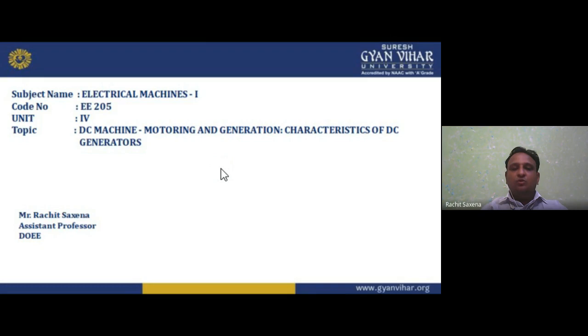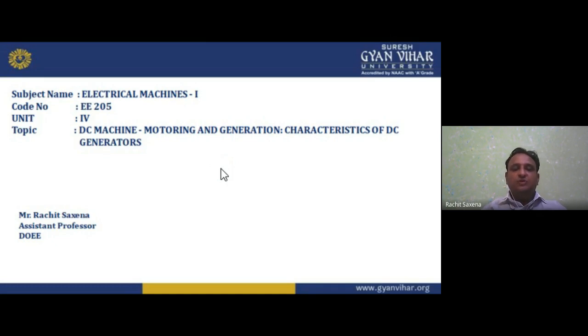So, today we are going to start the new topic, that is characteristics of DC generators. Before this, electrical machine 1 is the subject in which we will study the machines.